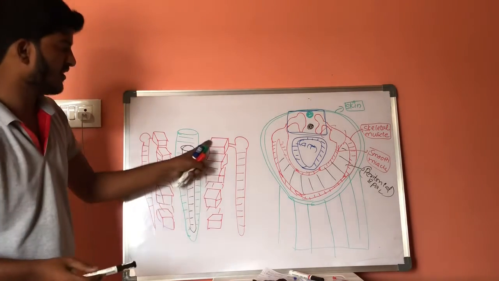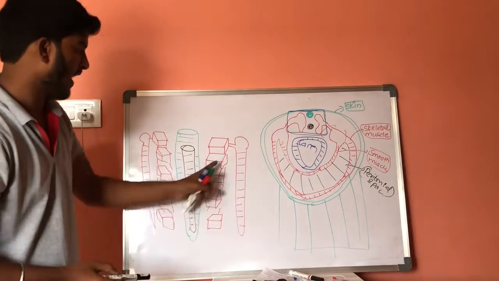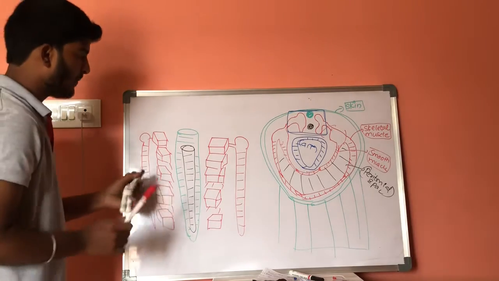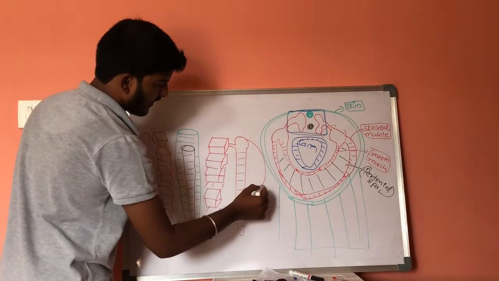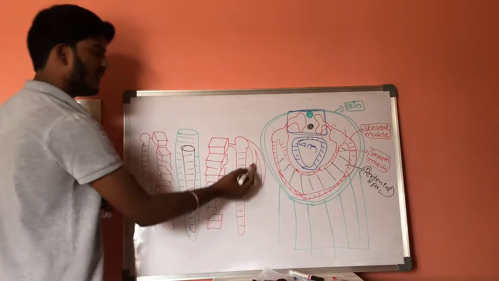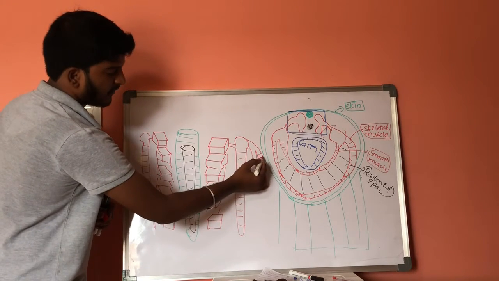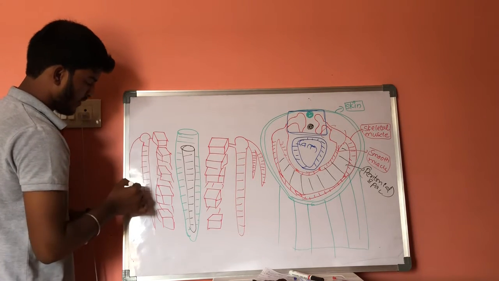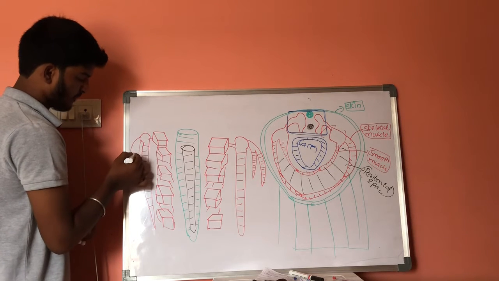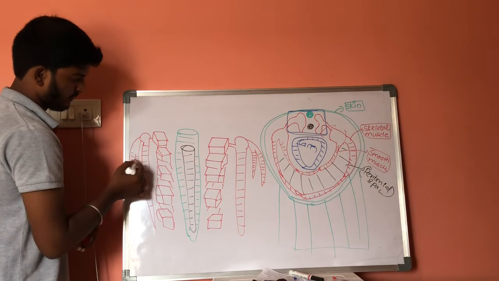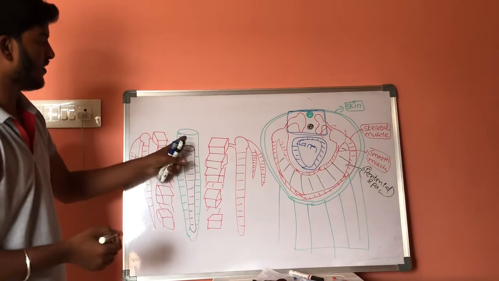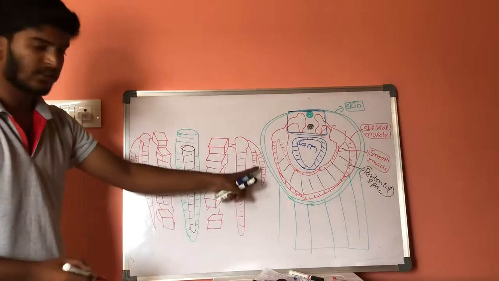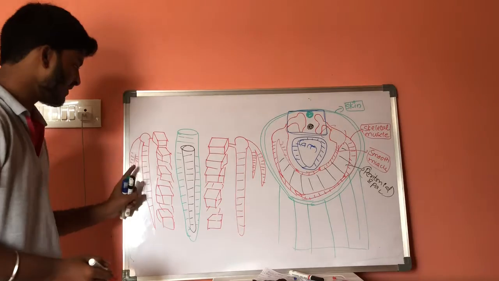Coming more lateral to this is the paraxial mesoderm, then the intermediate mesoderm, and coming more lateral, the somatic mesoderm and splanchnic mesoderm. So we have the neural tube, notochord, paraxial mesoderms, intermediate mesoderms, and the somatic and splanchnic mesoderm.